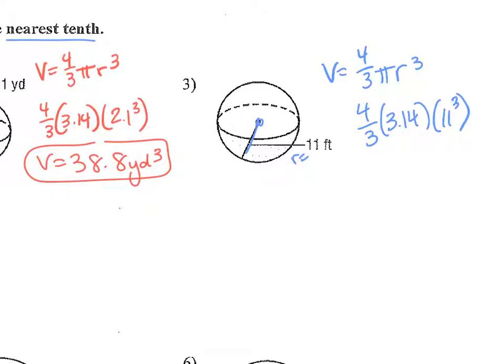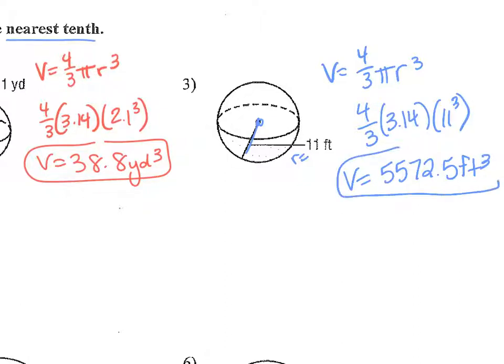Altogether, alpha y equals 4 over 3, open parentheses, 3.14, close parentheses, 11 to the third power. And I got 5,572.5 feet cubed.